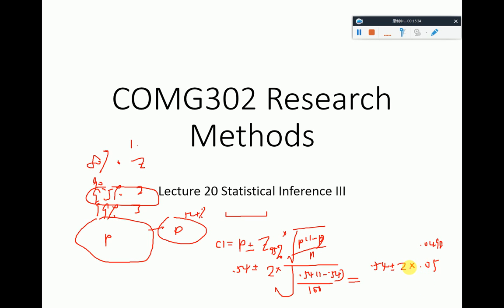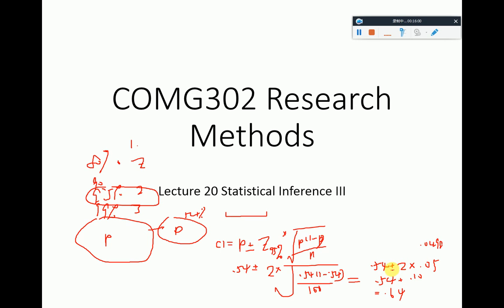Now we have this, and then we can start to calculate the confidence interval. This expression simply means we first use 0.54 plus 2 times 0.05, that's 0.10, right? So that will give us the upper bound, which is 0.64.